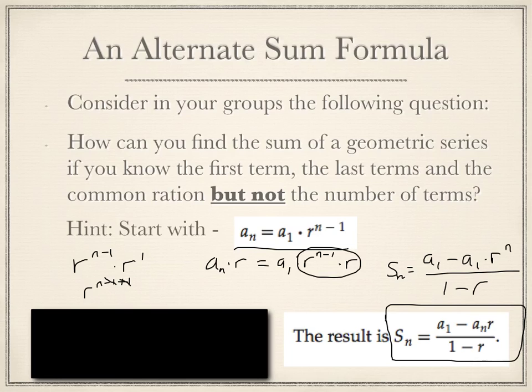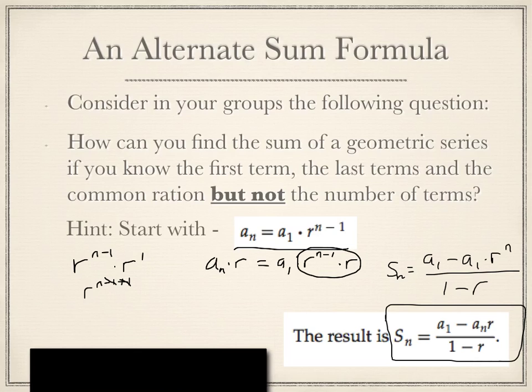Those will cancel, so we actually end up with r to the n. Okay, so that whole expression right there becomes r to the n. And because these are the same, we can substitute this number right into here, and that's how we get this formula. Okay? So this is the alternate sum formula.